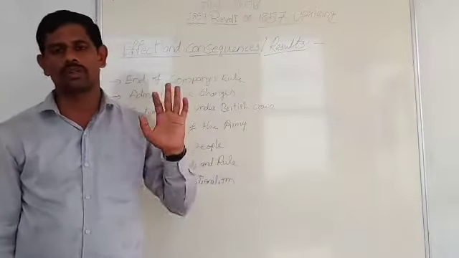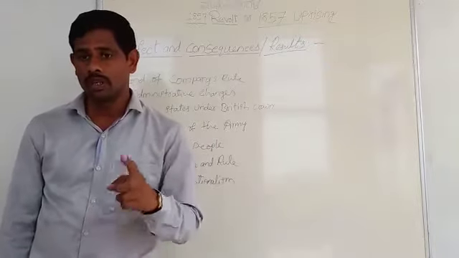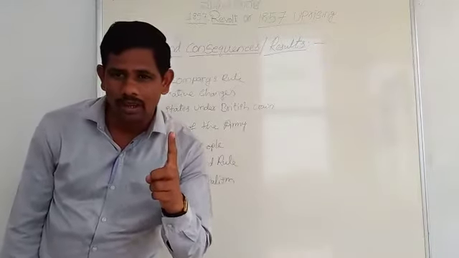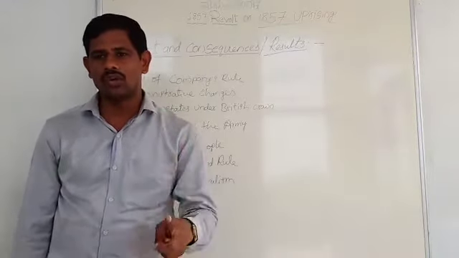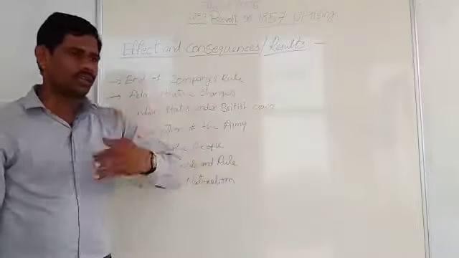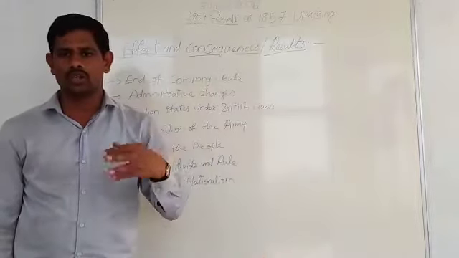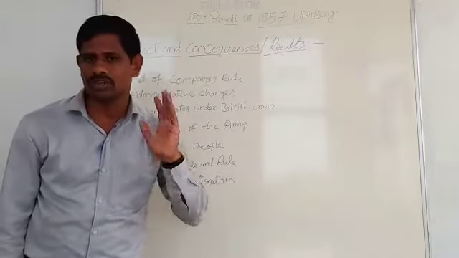Next, appointments to the civil service were to be made through open competitions as per the rules laid down by the Secretary of State. Totally, the whole Indian administration was overseen by the Secretary of State.